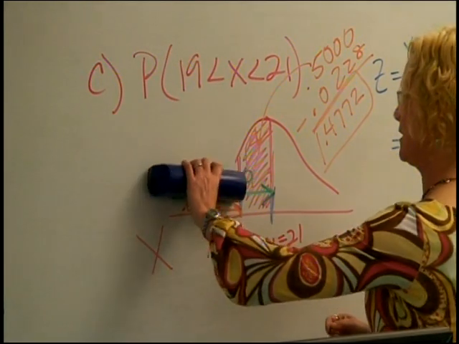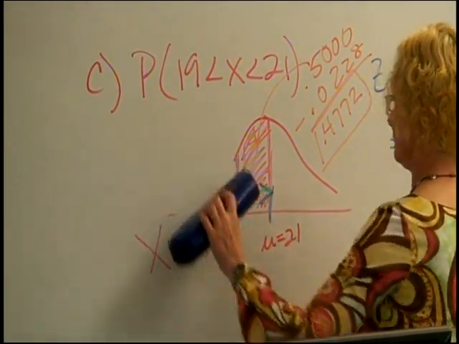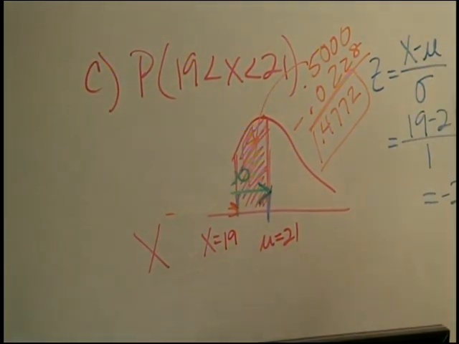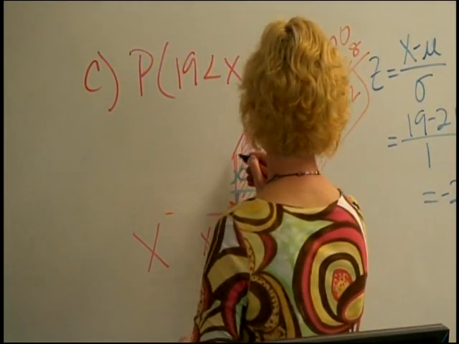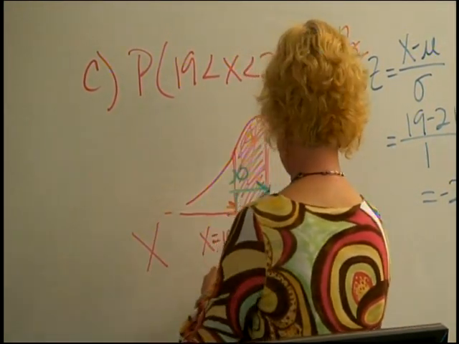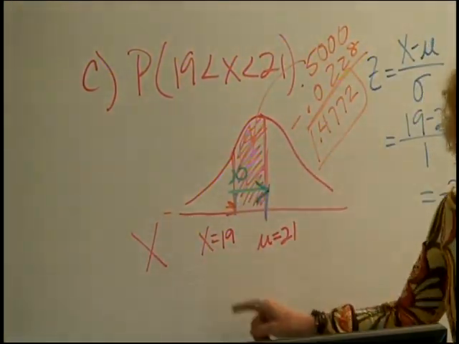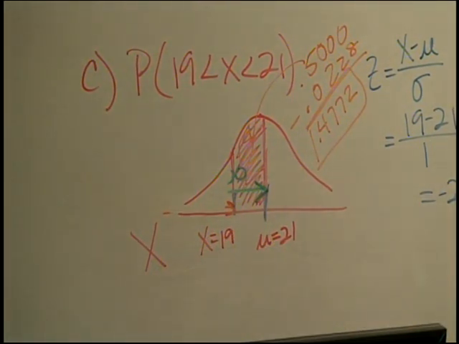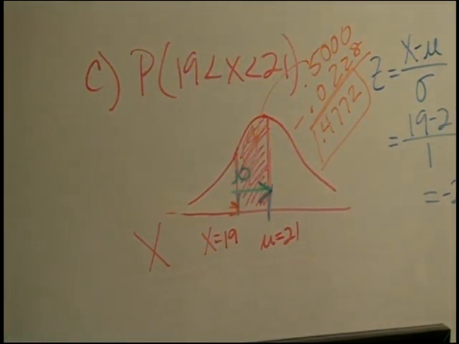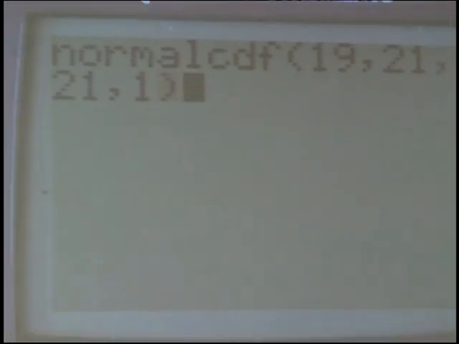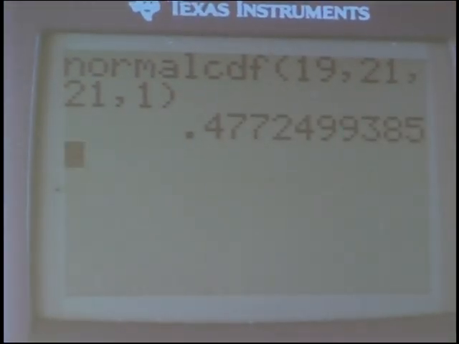You don't have to worry about any of that. The calculator's going to do it all for you. So you go lower bound 19, comma, upper bound 21, comma, mean is 21, standard deviation 1, and there you go, 0.4772.